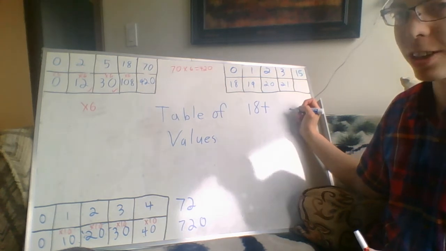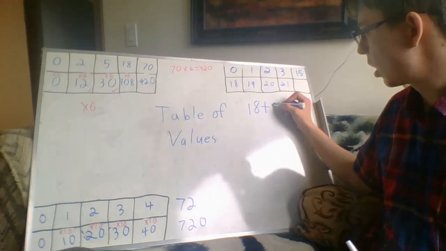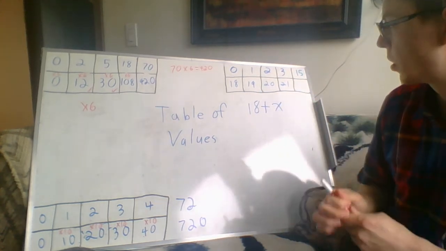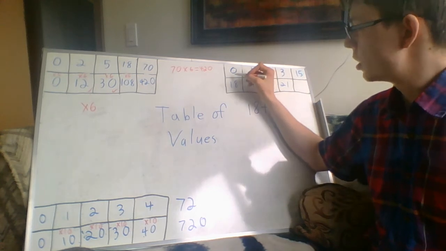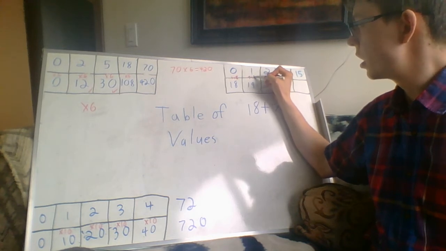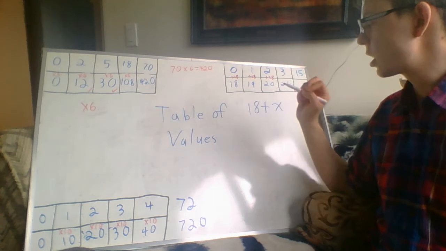And this is how we actually show this. 18 plus x, and I'll show this with the red marker. So 0 plus 18, 1 plus 18, 2 plus 18. So see, that's our relationship.